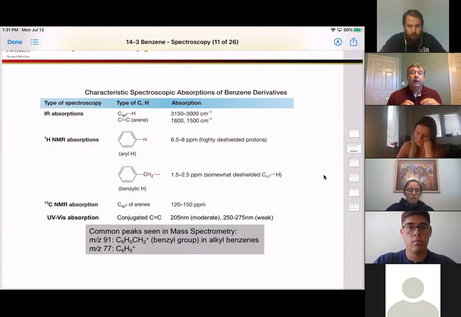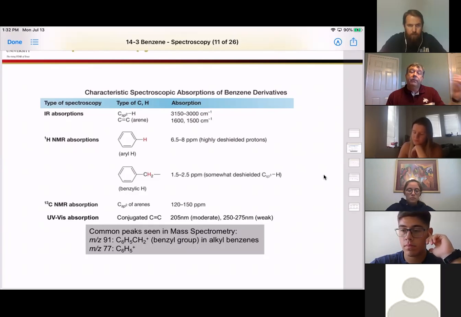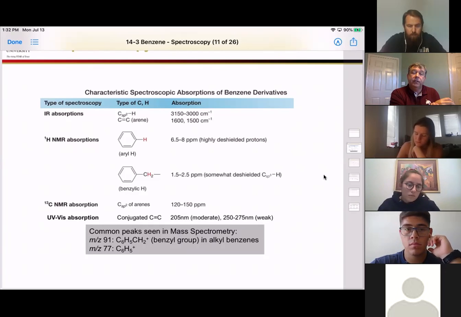Okay. In Proton NMR, because the aromatic ring is so electron rich, it's acting as an electronegative element, and that shifts the protons up above 6 ppm, above even where you would find a proton next to an alcohol. So because it's so electron rich, it shifted way downfield, it's de-shielded.